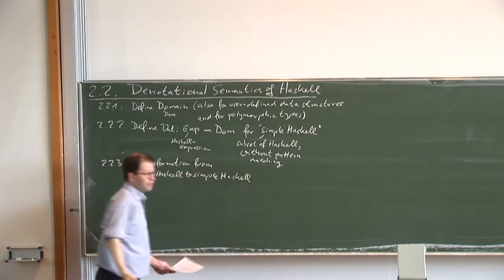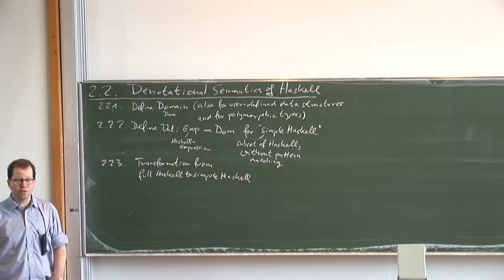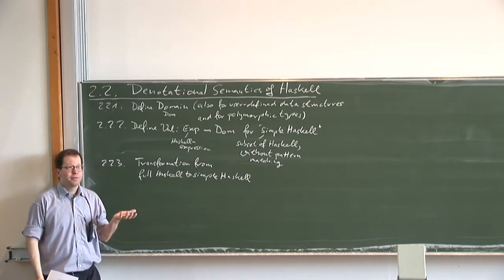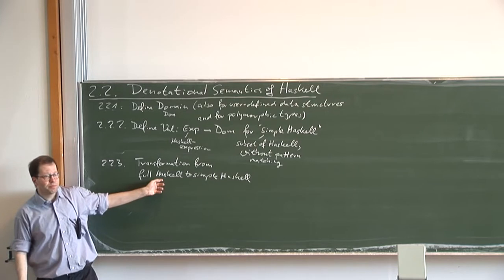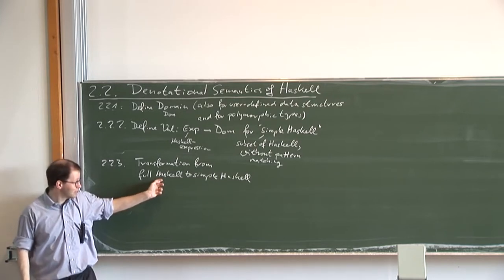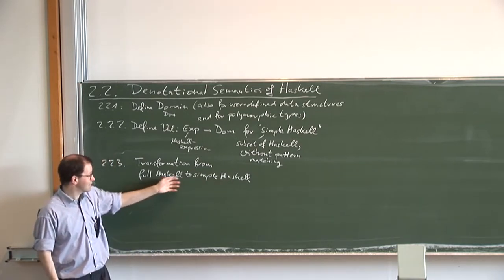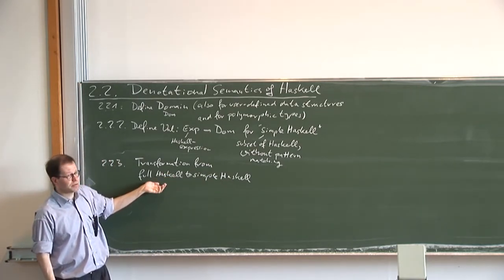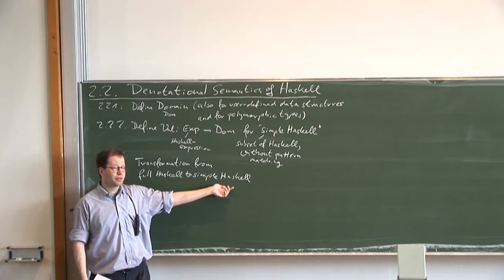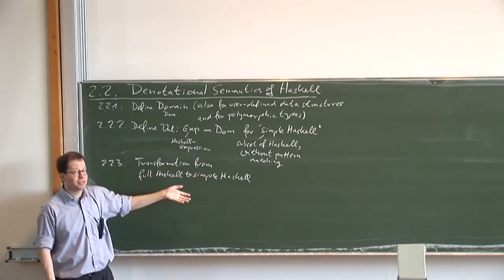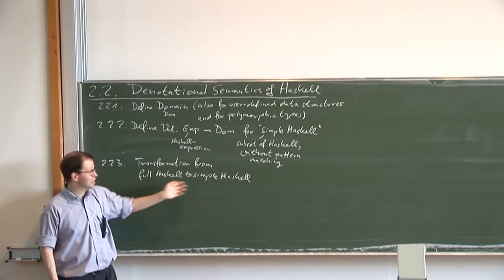And so we can then define the semantics of arbitrary Haskell programs by saying that the semantics of a full Haskell program is the same as the semantics of the corresponding simple Haskell program. So for every full Haskell program, there's a corresponding simple Haskell program, so you don't need pattern matching. You can also define your program without pattern matching. This transformation works automatically, so even a machine can do this.